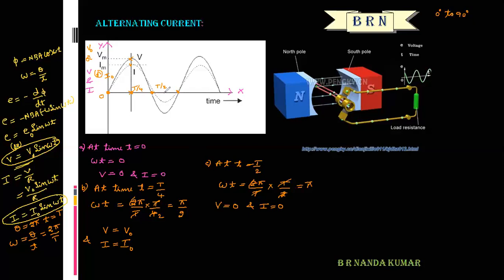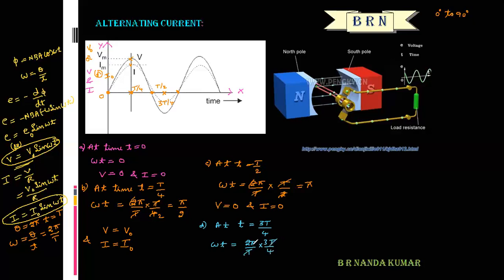And the next phase, that is 3T by 4. So at time t is equal to 3T by 4, omega is 2 pi by T, and t value 3T by 4.